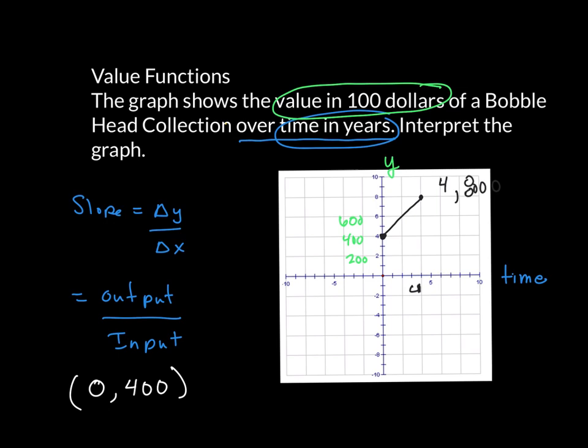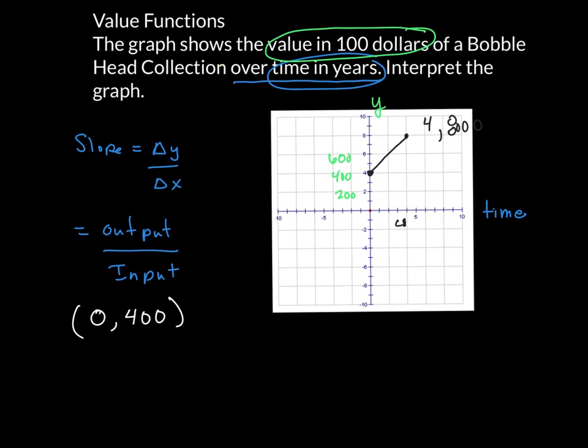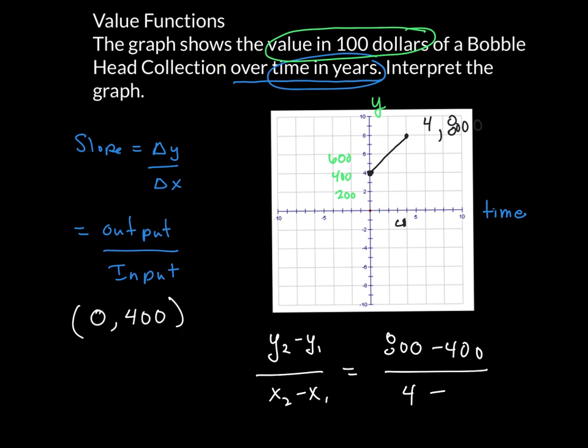If I want to find the slope of that, that's just your tried and true slope formula, which is y2 minus y1 over x2 minus x1, which gives me 800 minus 400 over 4 minus 0, or 400 divided by 4, or my slope in this case is 100.